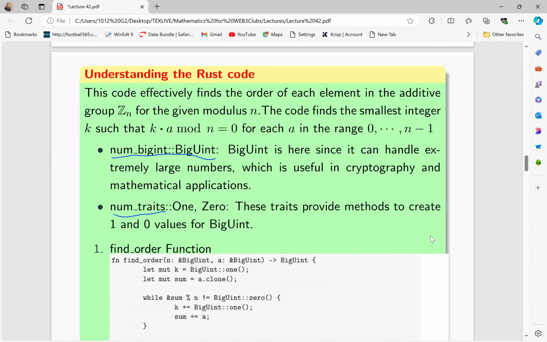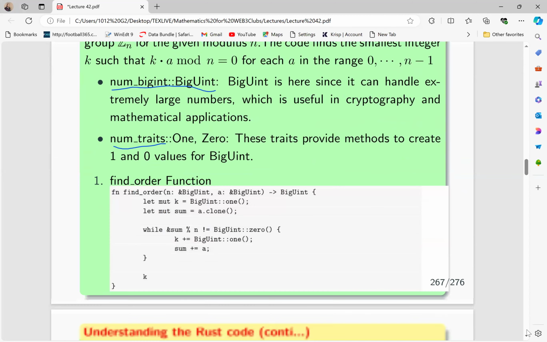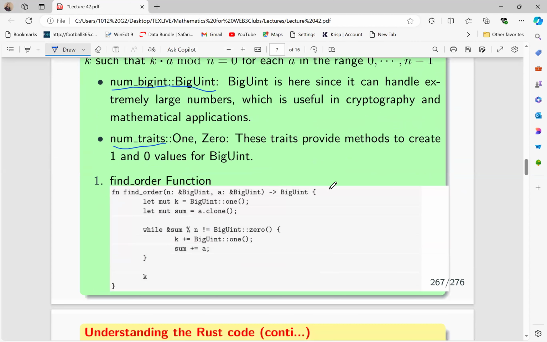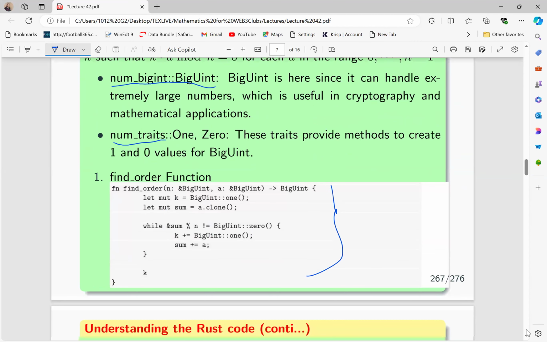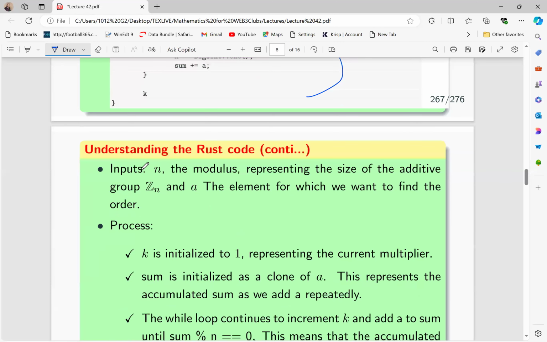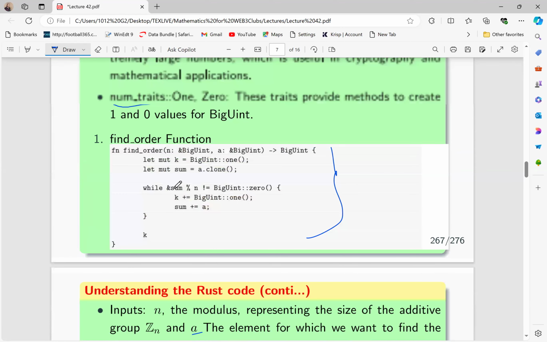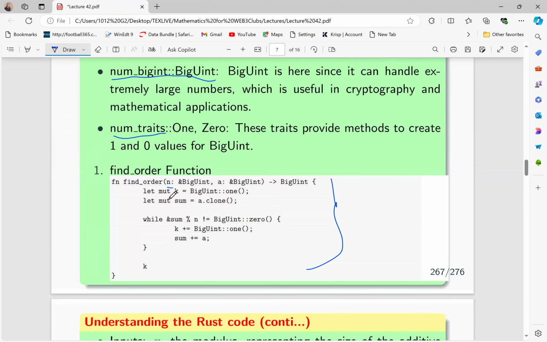And then the find order function is here, and from there, I explain how the find order function works. There is n, it inputs n, and then it inputs a. So in the find order function, there is n and there is a, which are then converted to big units.